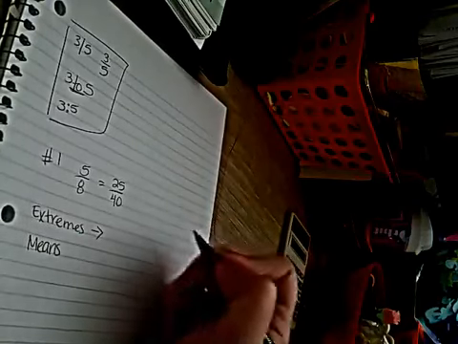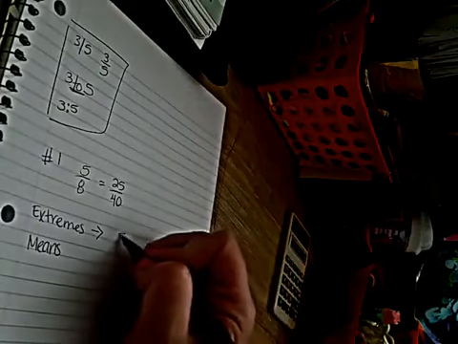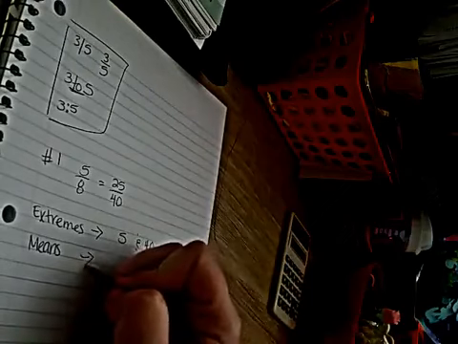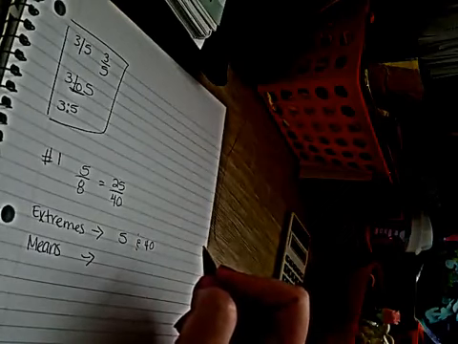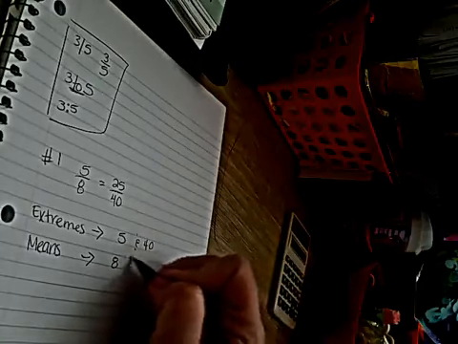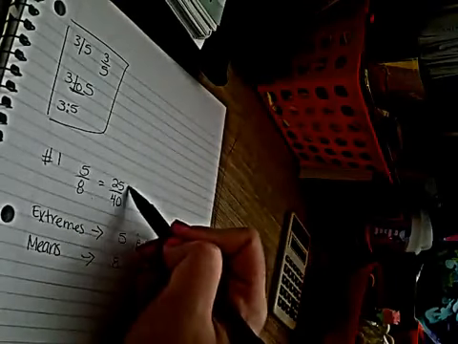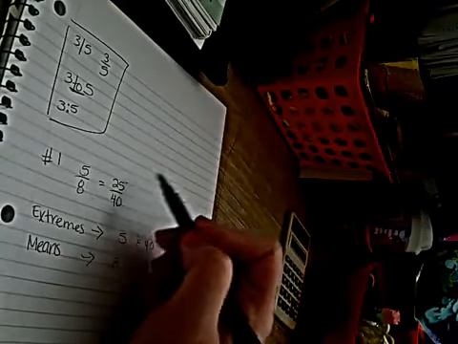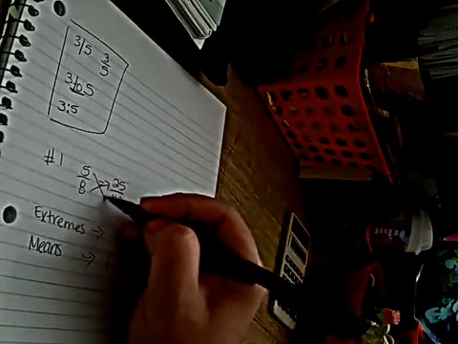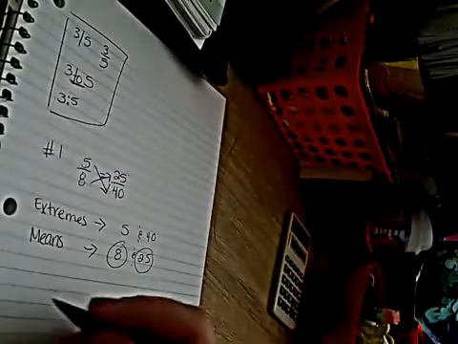So in this case, the extremes would be 5 and 40, and the means would be 8 and 25. So basically what you're doing is crisscrossing. Okay, so now that's number 1 in the chapter.